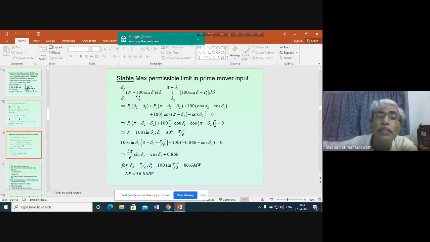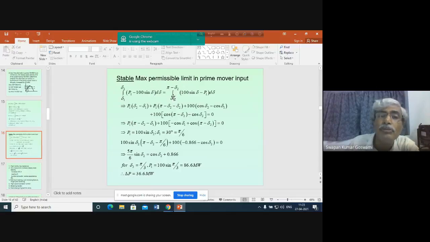So P1 minus Pmax sine delta indicates that input is greater than output. So obviously from delta 1 to delta 2, the machine is accelerating. This is the accelerating area. From delta 1 to delta 2, input power is greater than output, so the machine will be accelerating. What is that area, or what is that energy? That is calculated here.